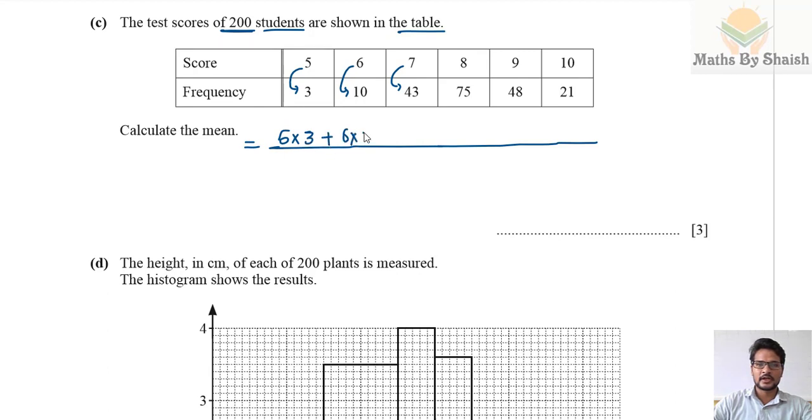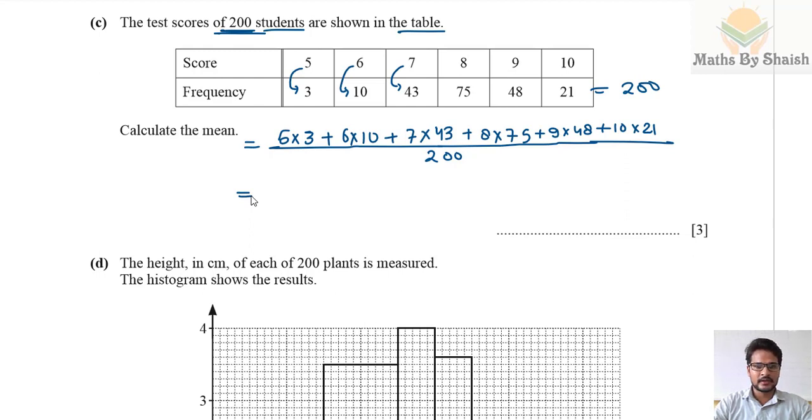Similarly, 6 into 10 plus 7 into 43 plus 8 into 75 plus 9 into 48 plus 10 into 21, upon the total frequency. We can either add it and get 200, or most of the time it is provided in the question, so it is going to be 200. So we'll calculate this.